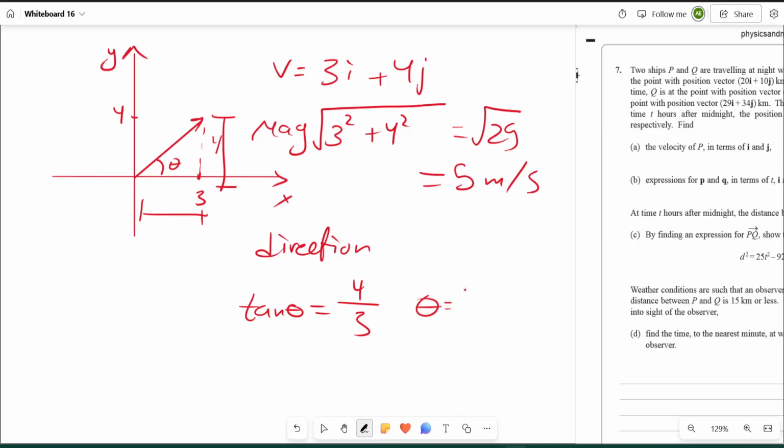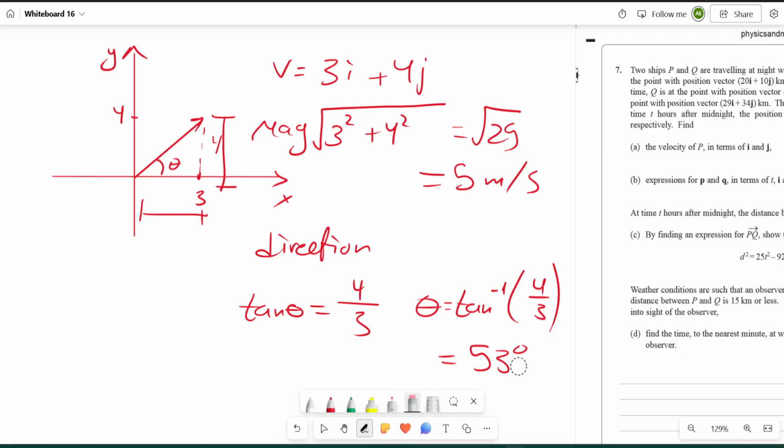So theta equals tan inverse of 4 over 3. That gives me around 53 degrees. So this angle is 53 degrees. I know exactly which direction this velocity is going in, and I know the exact magnitude. This is the beauty of vectors.